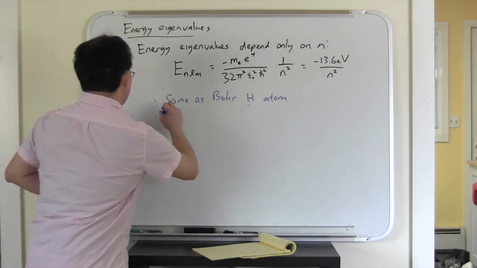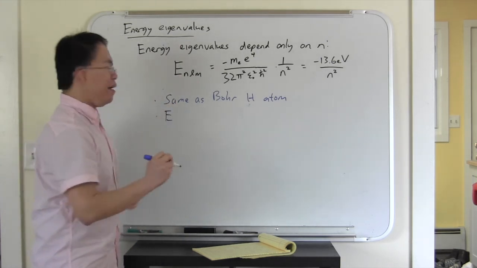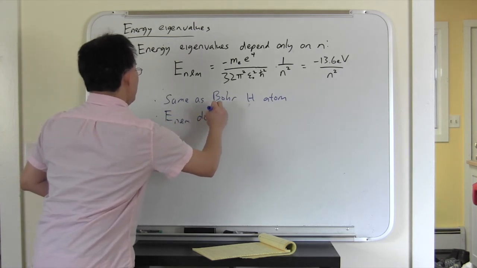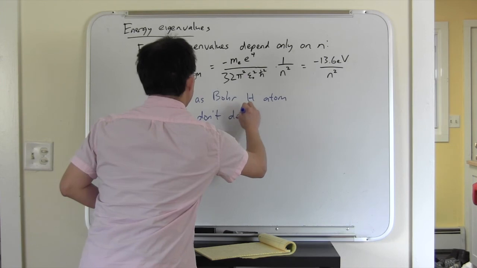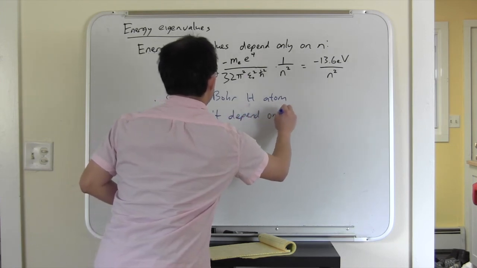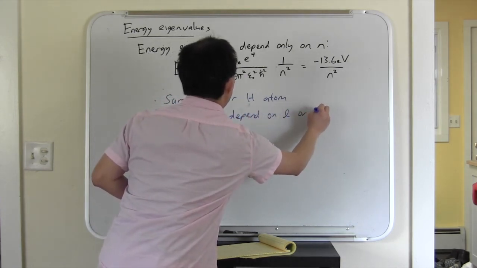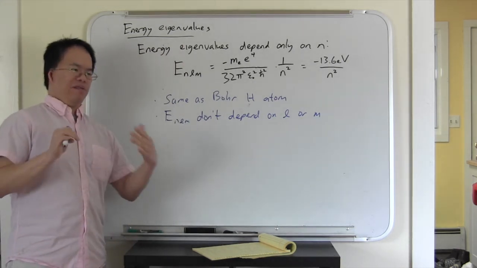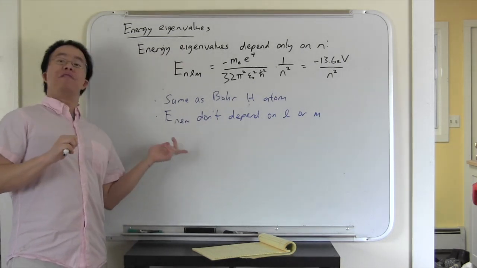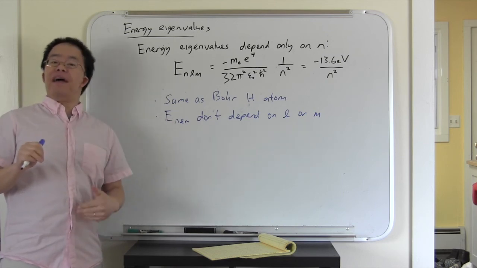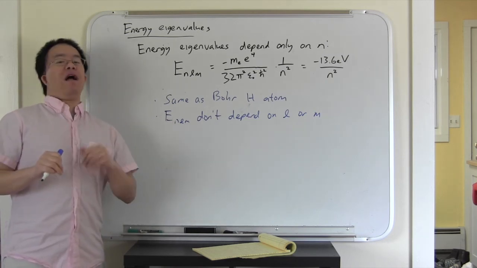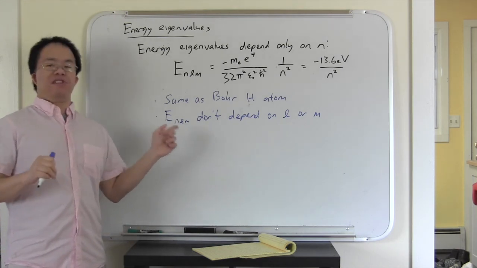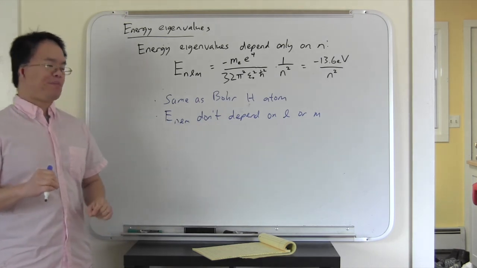So the energies don't depend on L or m. I've written E sub n, l, m here to be formal, but very often you'll just see people write E sub n, the same way we did when talking about the Bohr hydrogen atom, because of this lack of dependence.